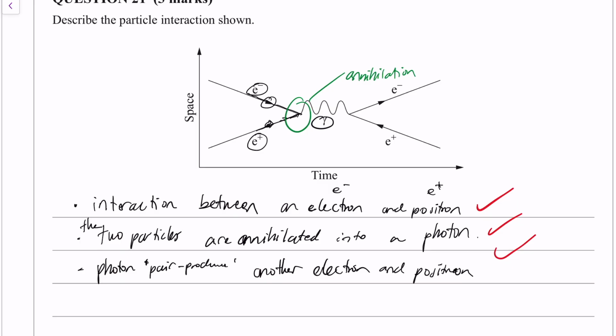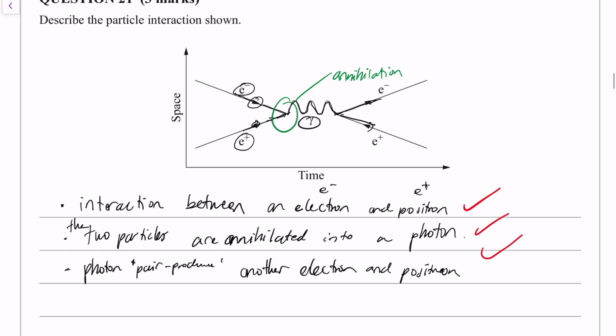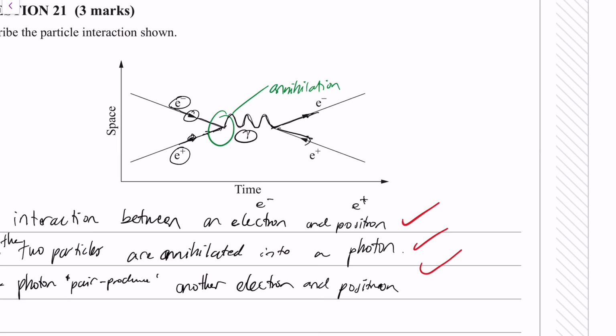All right, so what happens after is that we have this photon coming that was produced from the annihilation of an electron and positron, and that produces in the opposite direction a positron and an electron. The particles just go in the opposite direction.